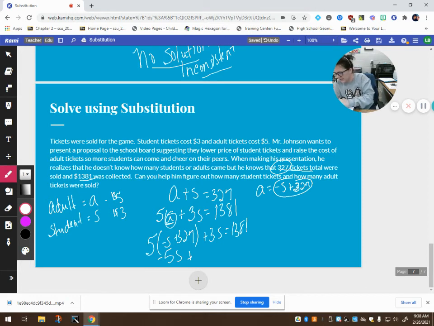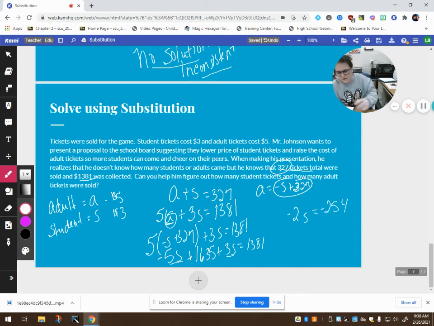So 327 times 5 is 1,635. Negative 5S plus 3S equals 1381. I'm going to combine my like terms. So I have negative 2S equals 1381 minus the 1635. And I get negative 254.